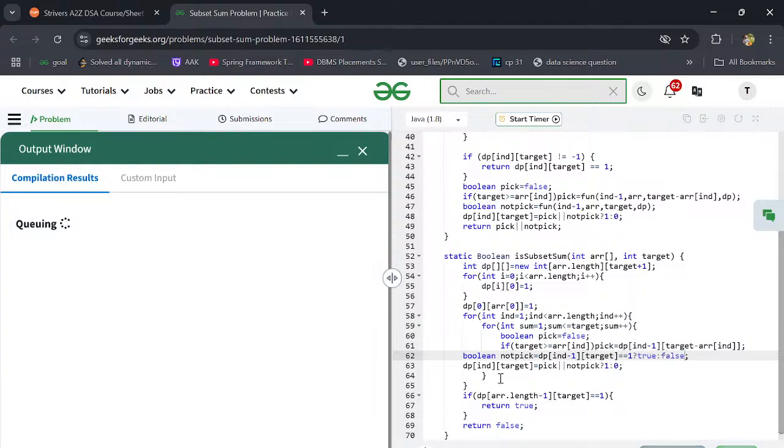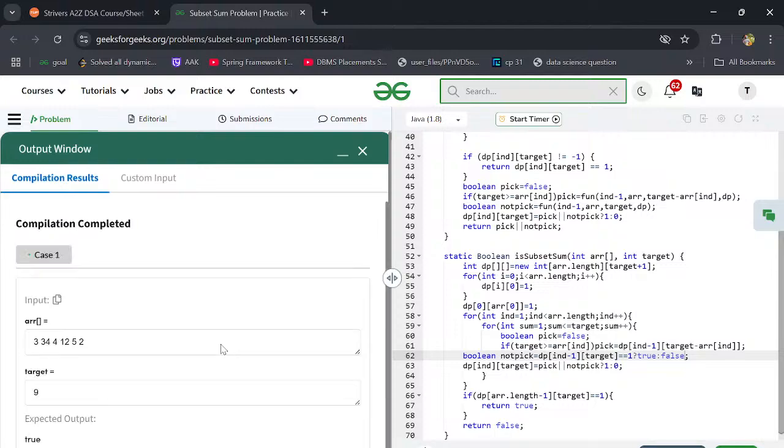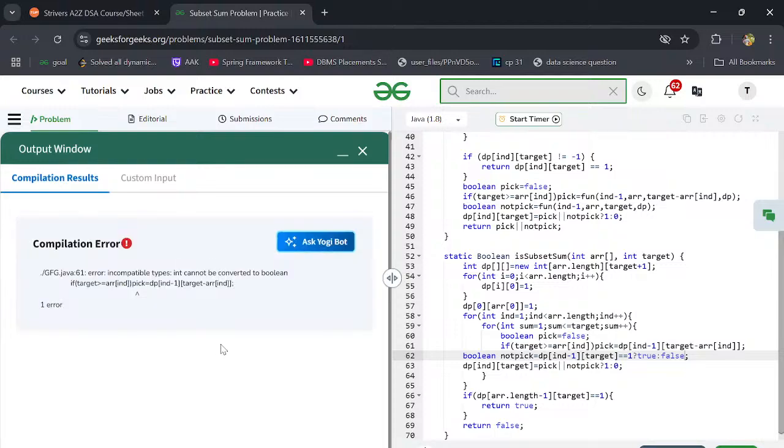Let me try. Where's the error coming from?